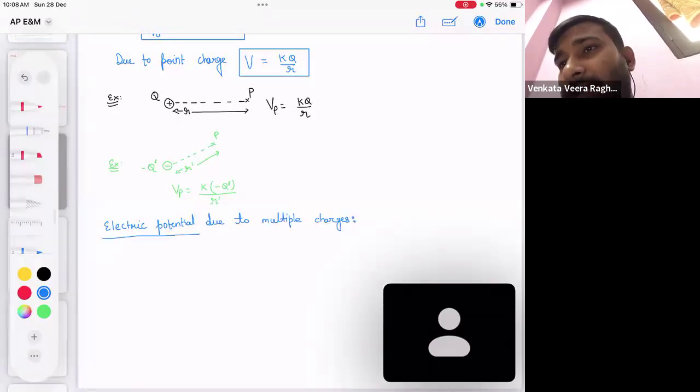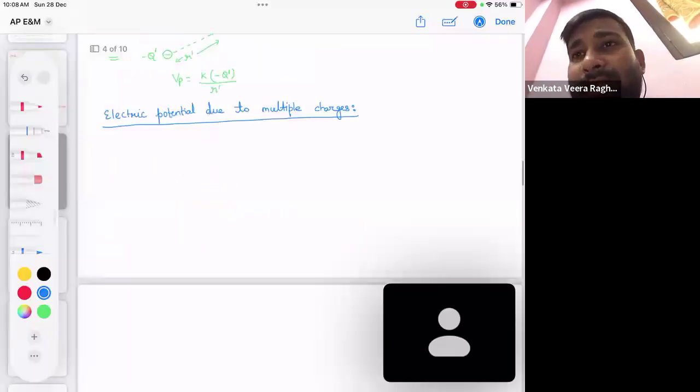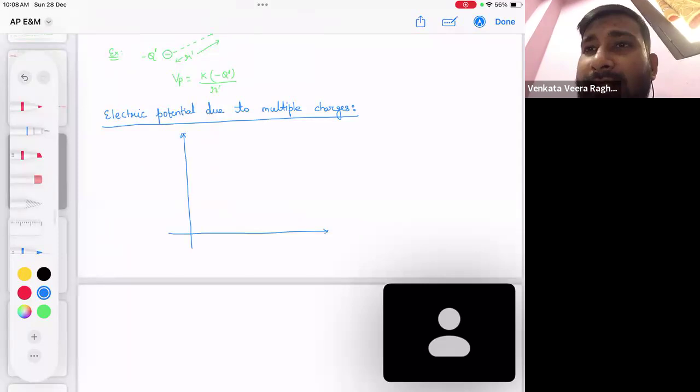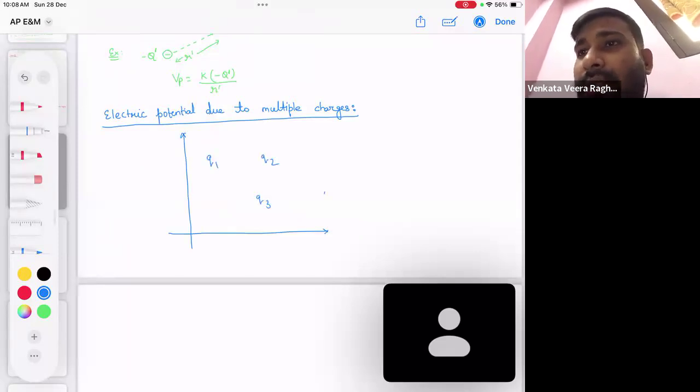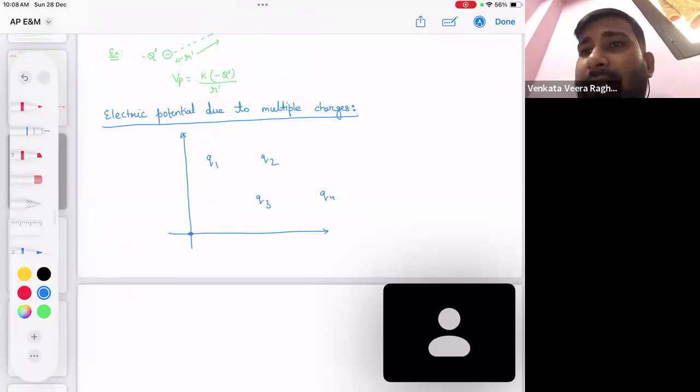Multiple point charges are there in the surroundings, and we want to calculate the potential due to these multiple charges. What should we do in that case? Let's say we have many charges here, Q1, Q2, Q3, Q4, like that, and we want to calculate potential at the center.